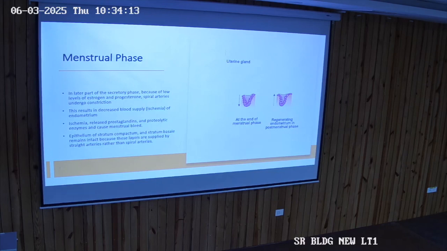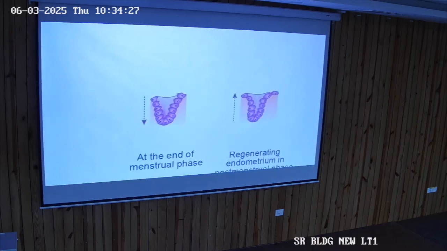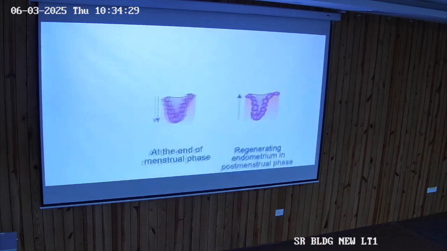Epithelium of stratum compactum and basale remains intact because these layers are supplied by the straight arteries, not the spiral arteries. So this is the shedding phase where the epithelium becomes degenerated.